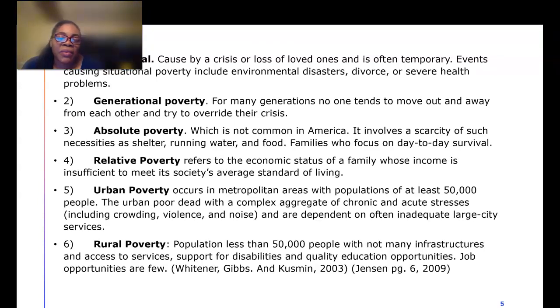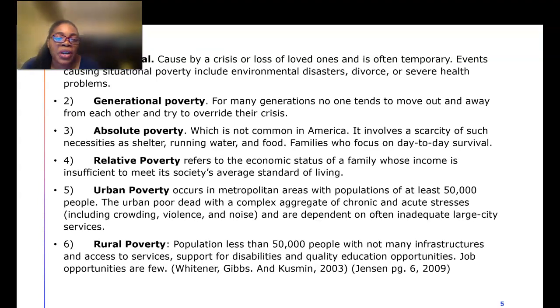For example, probably some African countries or some other third world countries, you might find absolute poverty. Now, there is relative poverty, which refers to the economic status of a family whose income is insufficient to meet its society's average standard of living. Urban poverty occurs in metropolitan areas with populations of at least 50,000 people.